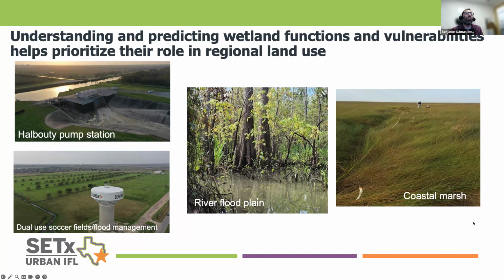And by integrating those into models that we can run at large scales, we can provide more information about what's the function of these green areas within the broader landscape and ideally provide information that's helpful for communities and planners to have the information they need to prioritize the role of these different green infrastructure approaches as part of a broader regional land use.